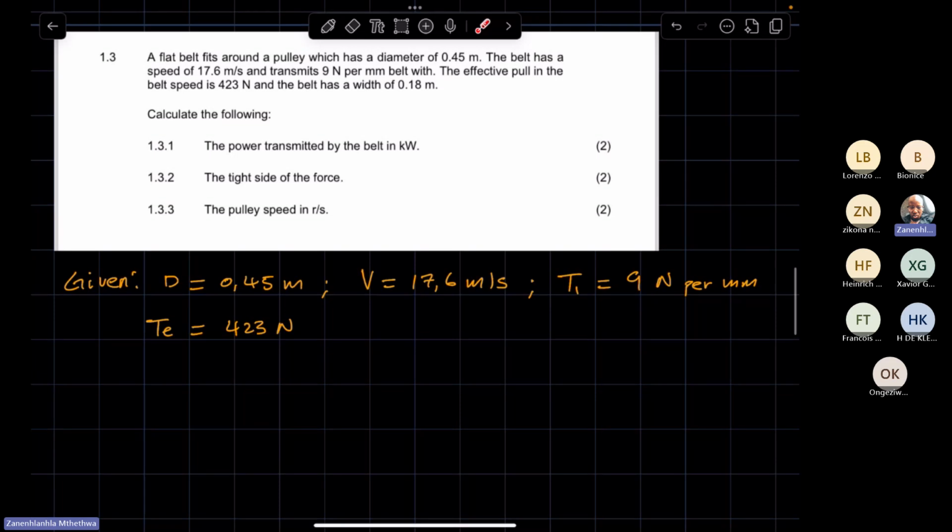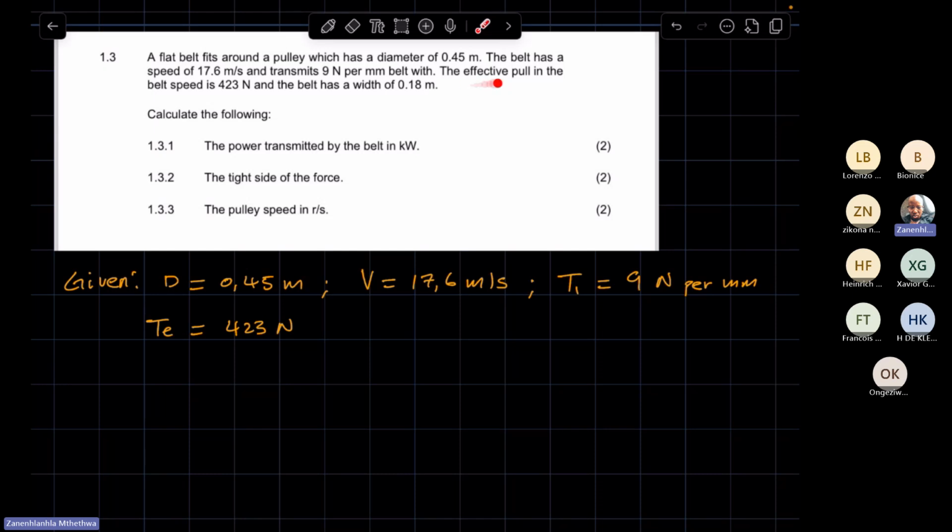Also, this one is a bit flawed because I have no idea why they made a relation between tension and belt speed. But again, if the statement is flawed in the way that they've put it, you have to look out for keywords, and the keyword here is effective.